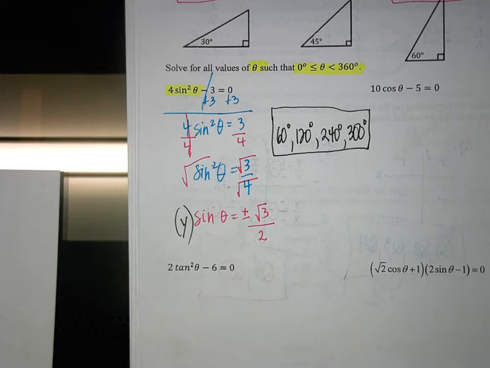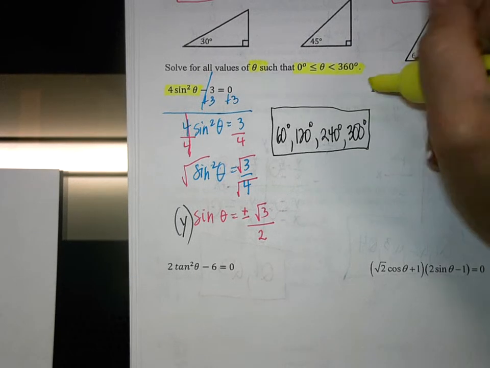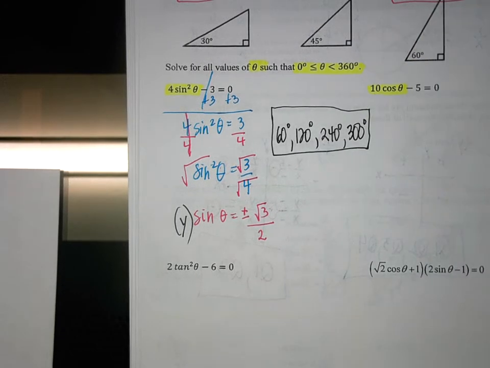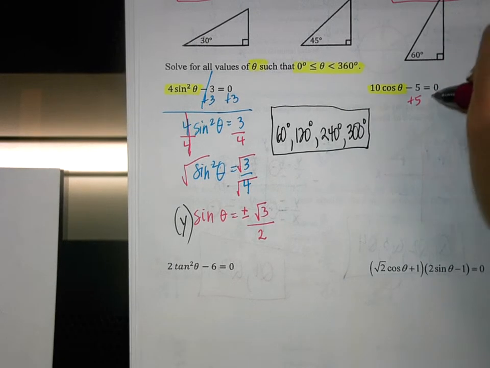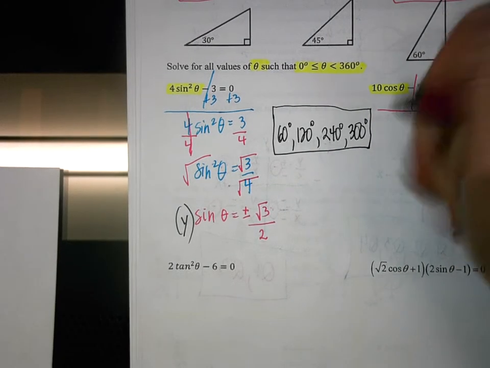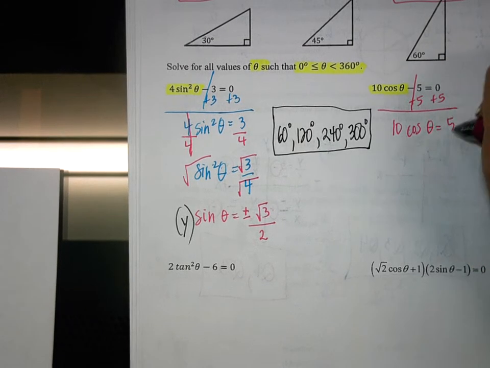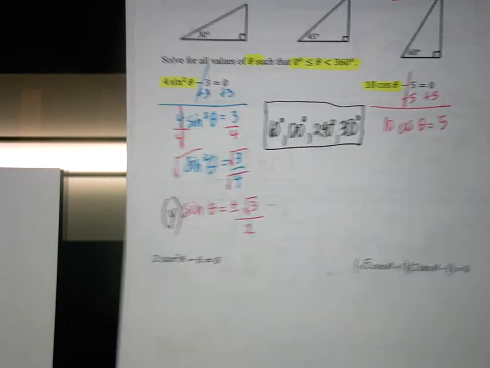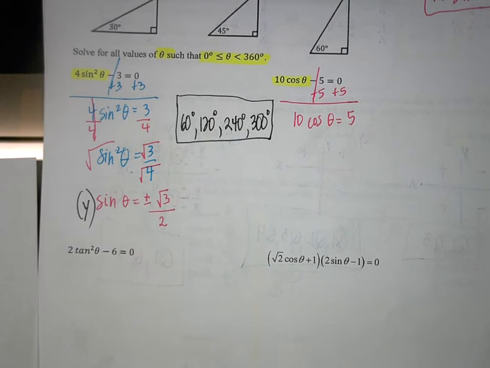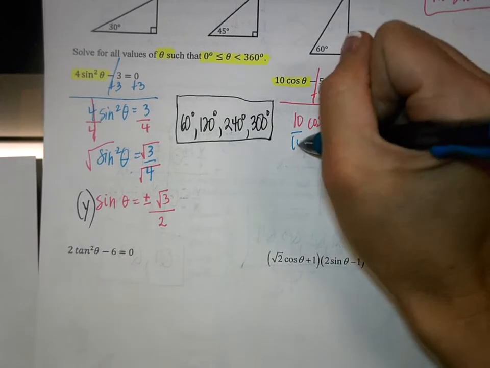Questions? Okay, so next problem here to the right, we're trying to get this by itself. What will I do? Very good. Add 5 to both sides. So I have 10 cosine of theta equals 5. Next, what will I do? Very good. Divide by 10 is correct.